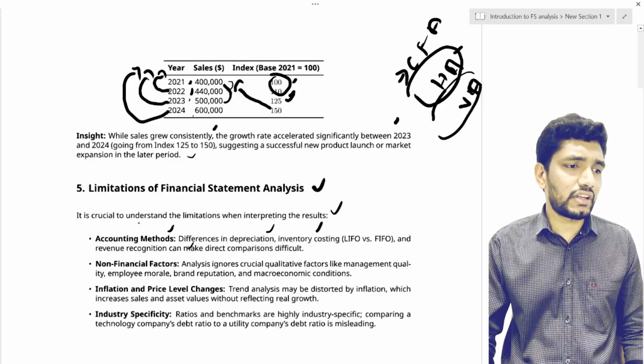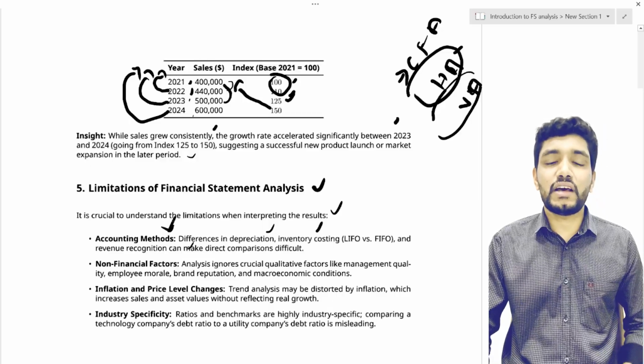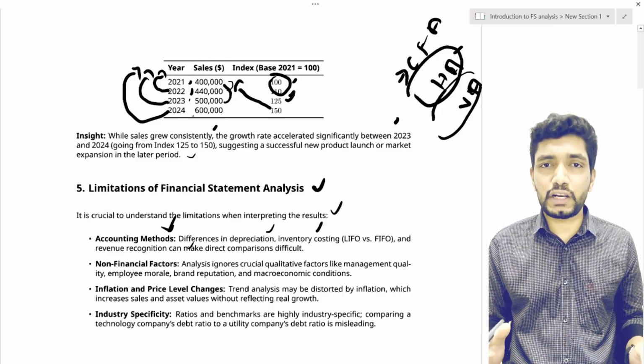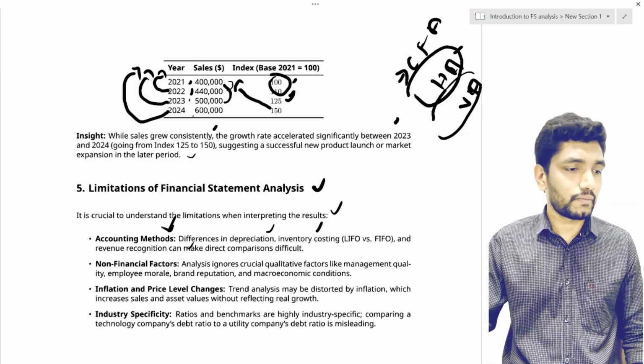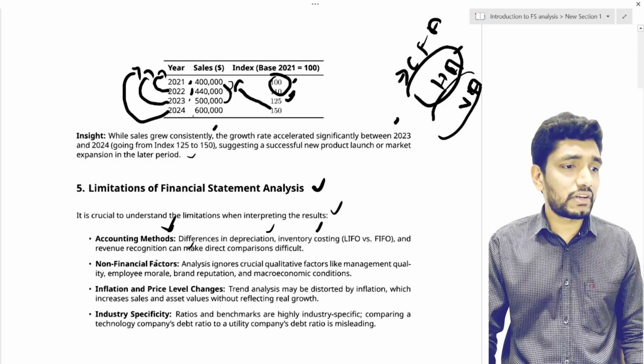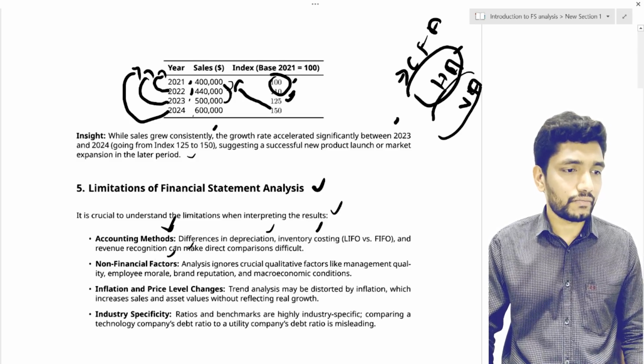So the first limitation is obviously the accounting method being used. If two companies are using different accounting methods, the interpretation might not be 100% meaningful. The next limitation is non-financial factors.